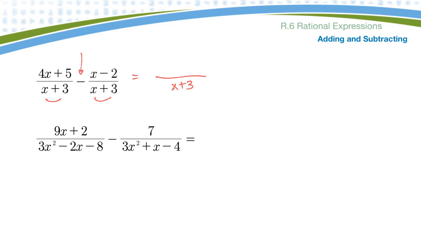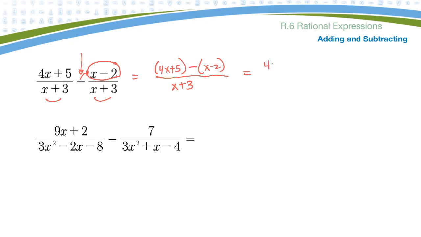That minus sign there, though, you have to be careful because this x minus 2 is over x plus 3, and you're subtracting all of that, not just the x. So the way I would write it would be, and you could use brackets here, 4x plus 5 minus x minus 2. And maybe that'll help you so you don't mess up the negative sign there.